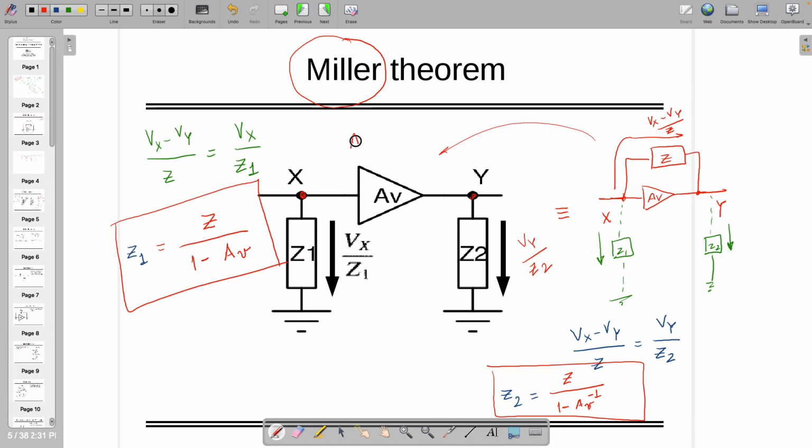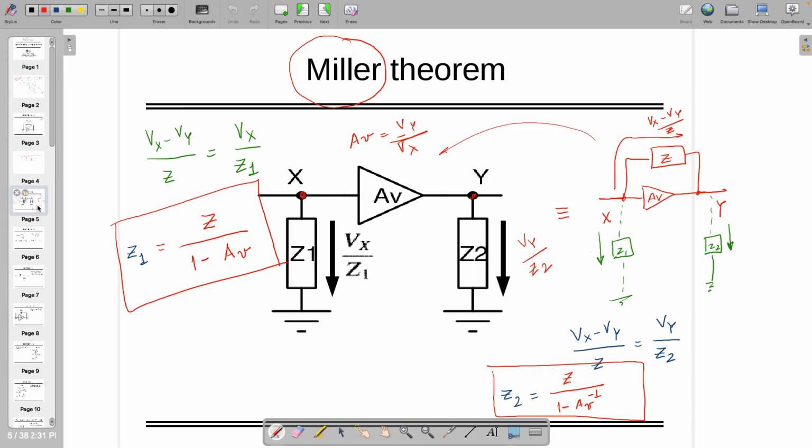AV is nothing but Vx by Vy. For those who are not able to understand, AV is Vx by Vy. In one place it will become Vy by Vx, so that's how it becomes AV inverse. Sorry, I made a mistake, Vy by Vx. So that is what Miller has told us. Let's keep this in mind and use it wherever it's required.